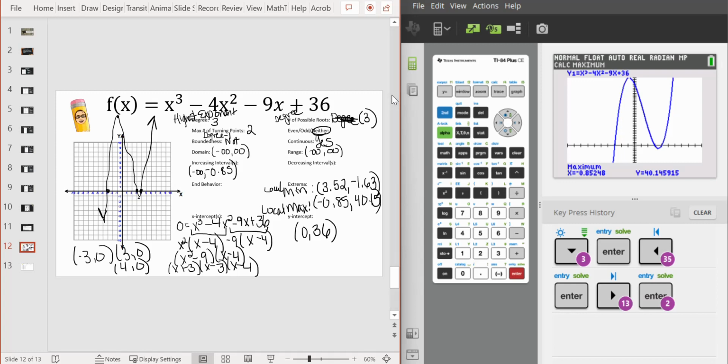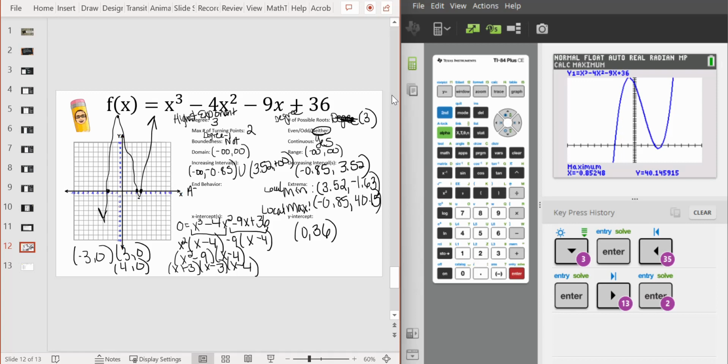And then I started increasing again at the x value of my minimum, which is 3.52, and then I kept going forever, increasing. But decreasing, we only decreased once, and that is between our min and our max. Really messy. Sorry, guys.